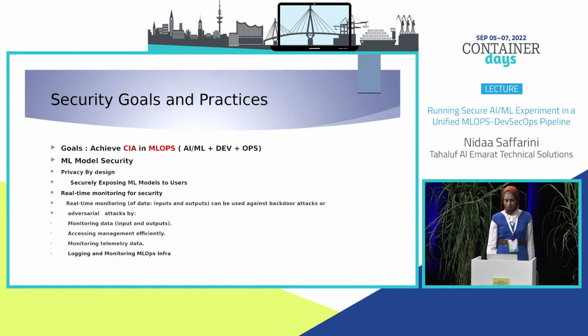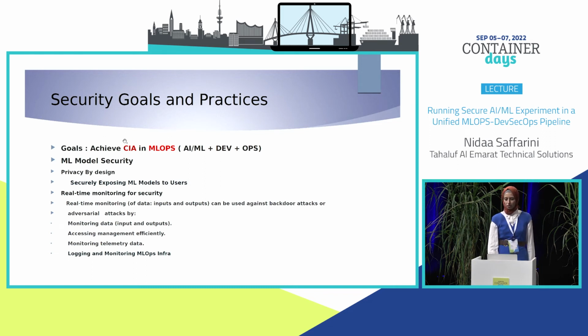And for the second part, the machine learning model, real-time monitoring and the way we expose the model to the outside. And the last thing, we have to follow the privacy by design concept.